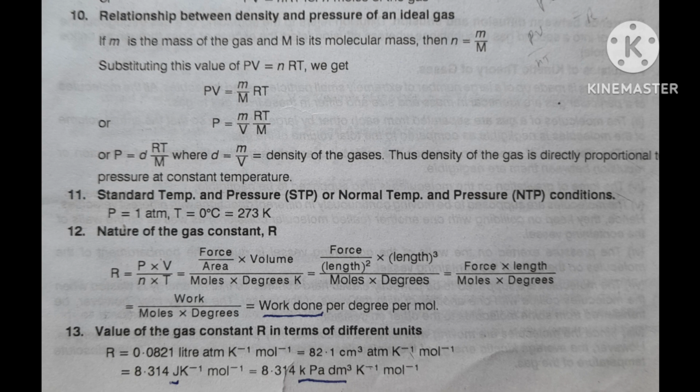At constant temperature, P is directly proportional to d, because R and M both are constant, and temperature is already constant. Then P is directly proportional to d. Remember this relation also, because while solving numericals, it will be used.